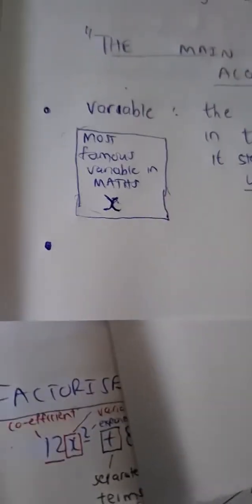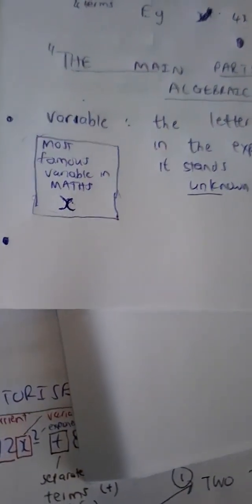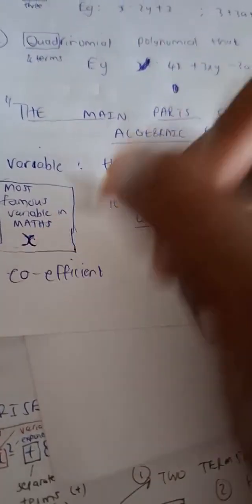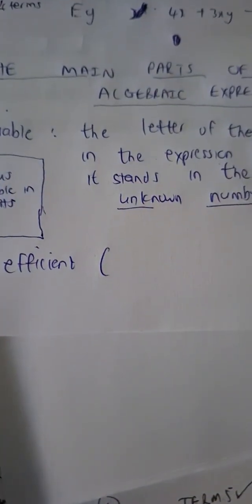All right. Let's look at the second component, the second major part of an algebraic expression. So the variable we've spoken about. Yeah, the coefficient.